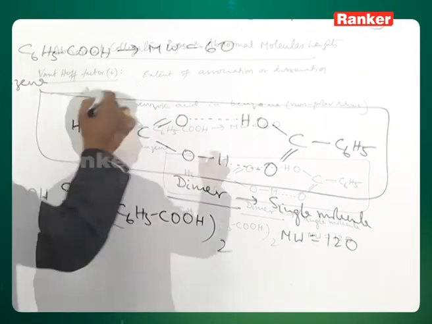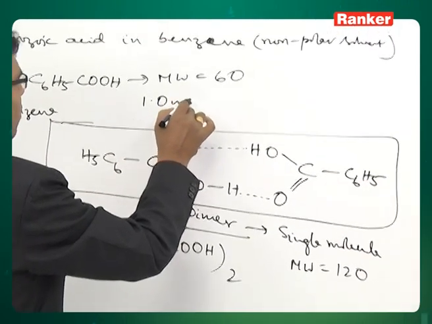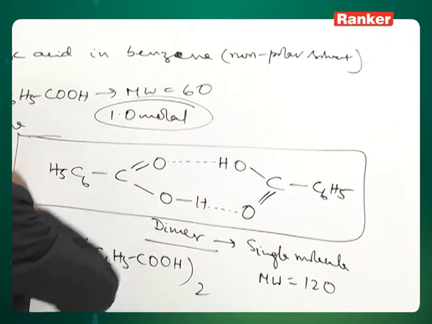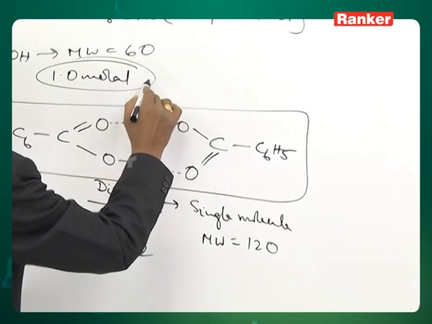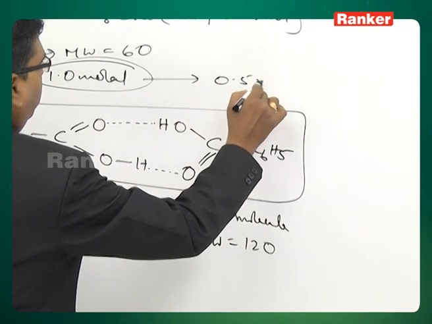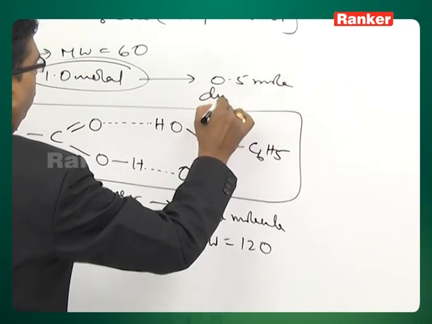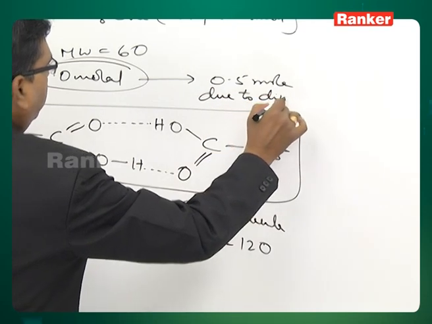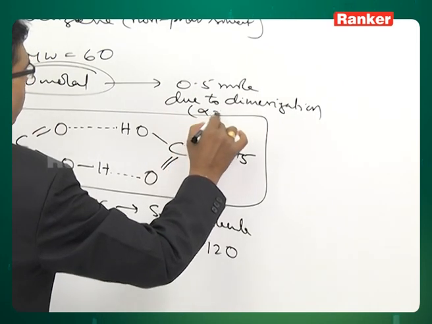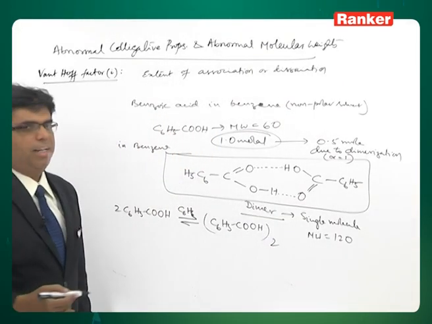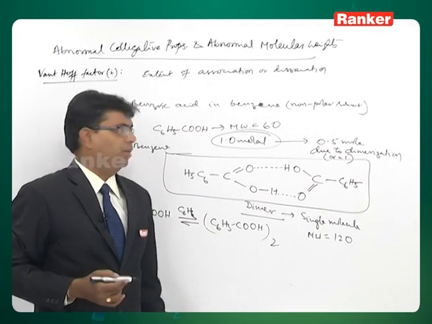If you start with, suppose, 1 molal, due to dimerization this decreases to 0.5 mole, assuming alpha is equal to 1, that means the degree of dimerization is 1.